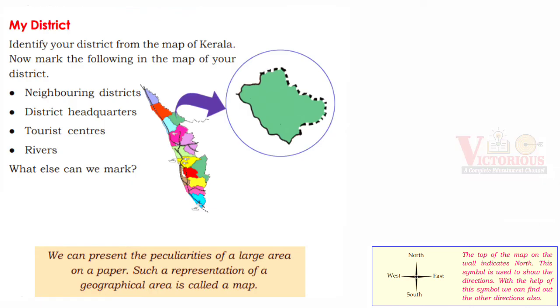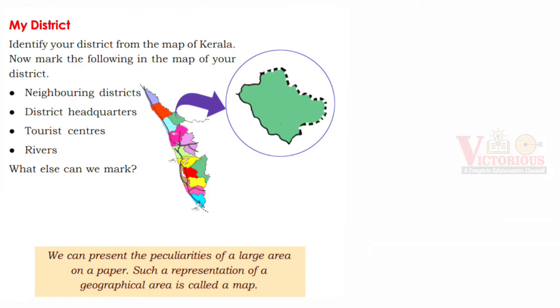Okay, friends. Then you will have a very interesting activity. It is my district. Identify your district from the map of Kerala. We all know that. Which is our district? Yeah, Malappuram, right. Now, mark the following in the map of your district.